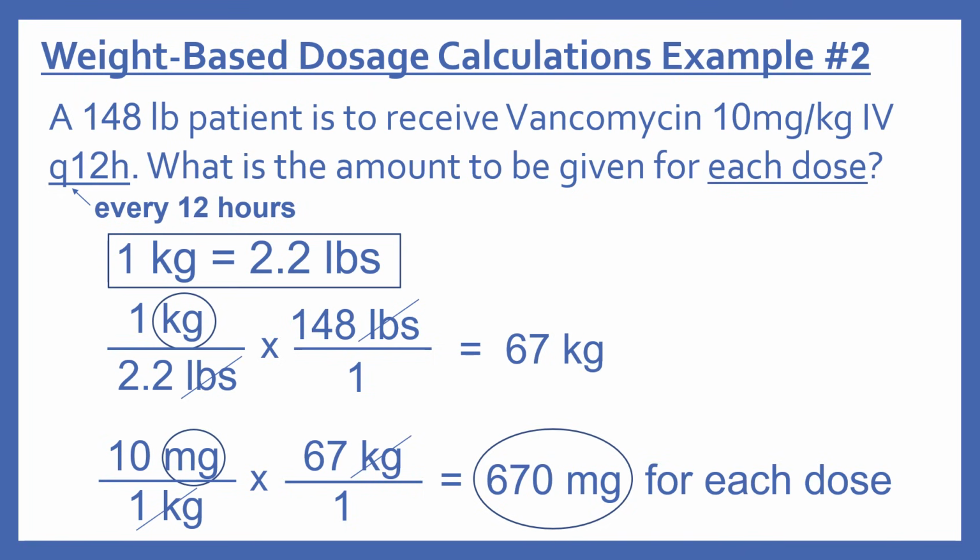And then our dose is 10 milligrams per kilogram times 67 kilograms. We're left with milligrams, a kilogram on the top, kilogram on the bottom, those cancel. So 10 times 67 is 670 milligrams for each dose. So since it says it's 10 milligram per kilogram every 12 hours, that is the amount for each dose. We don't have to determine how many doses in the day.